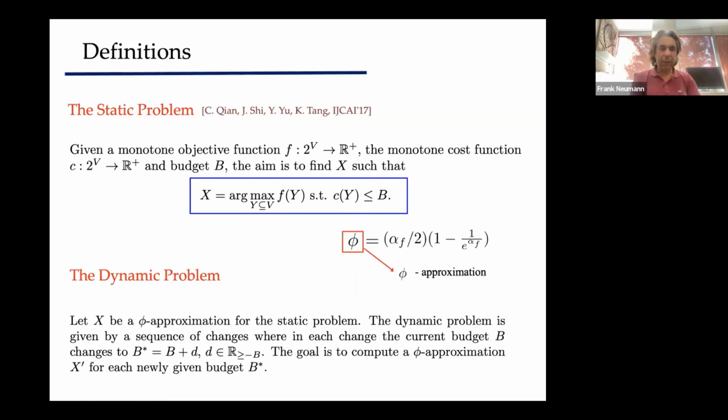So the dynamic problem is now, we assume that we have such an approximation as they had for the static problem, and the dynamic problem is just given by a sequence of changes where each change changes the current budget B to a new budget B star, and then the goal is to compute the same approximation quality for each newly given budget. Okay, and we said, well, if we are now using this bi-objective approach where they showed that this works for the static problem, what does happen to the dynamic problem?